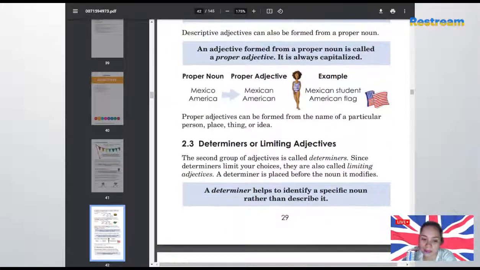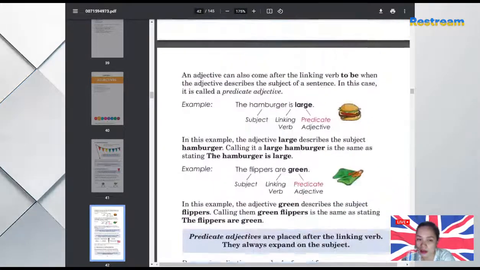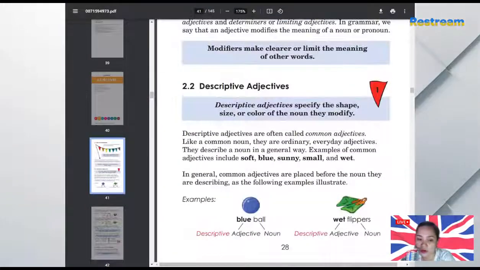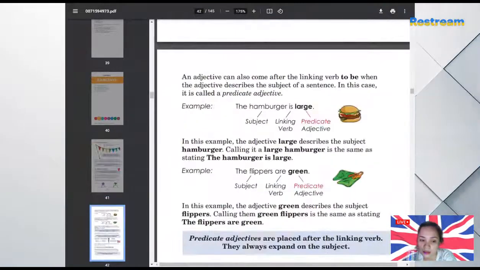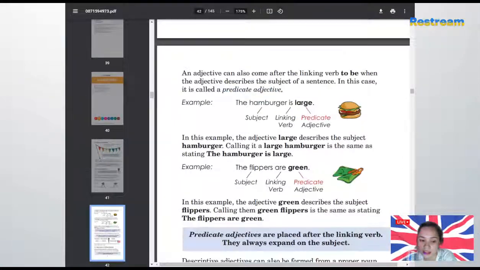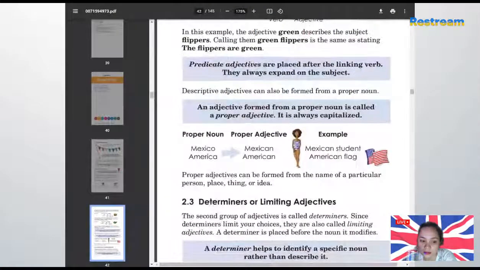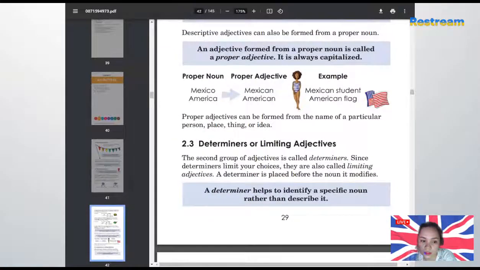Okay, it is very basic. So those are the common adjectives, and we also have here the predicate adjective and the proper adjective.